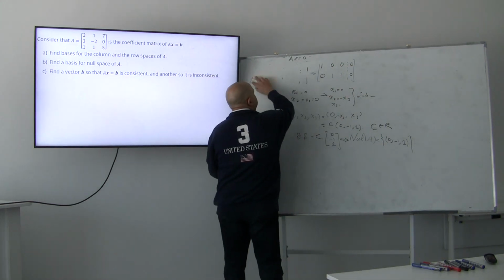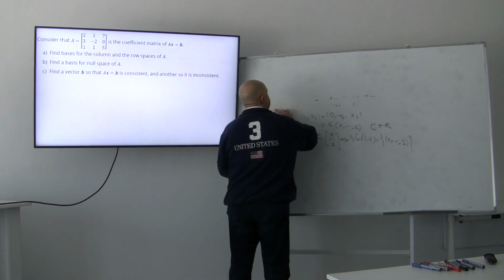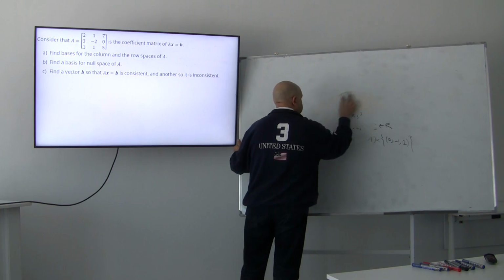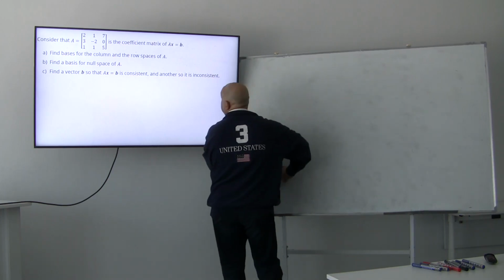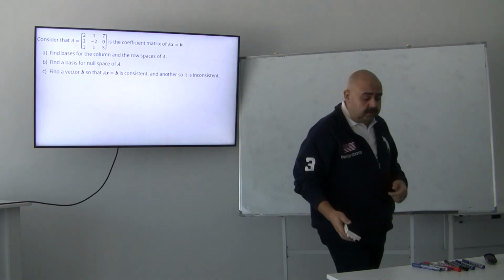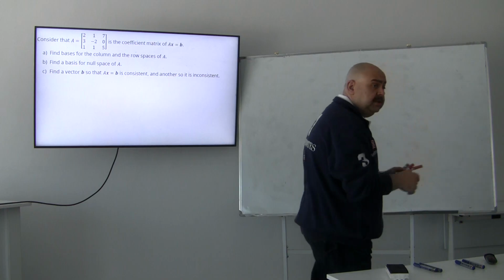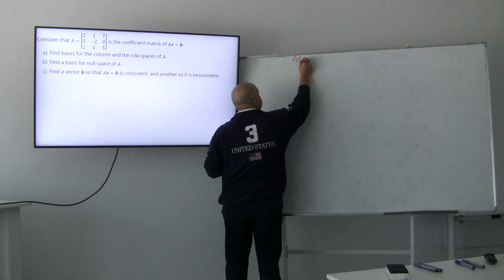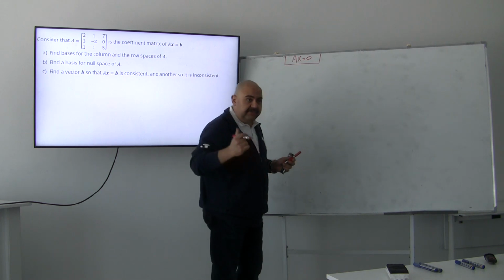So all I have to do now is to try once more to resolve the system, which is AX equals 0, which is trying to get the null space of this matrix.